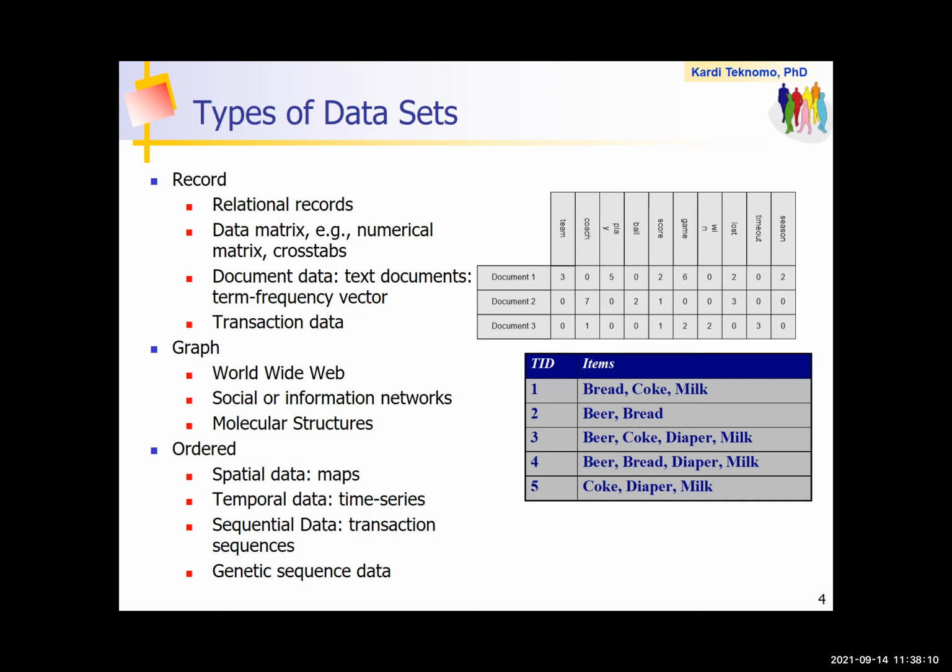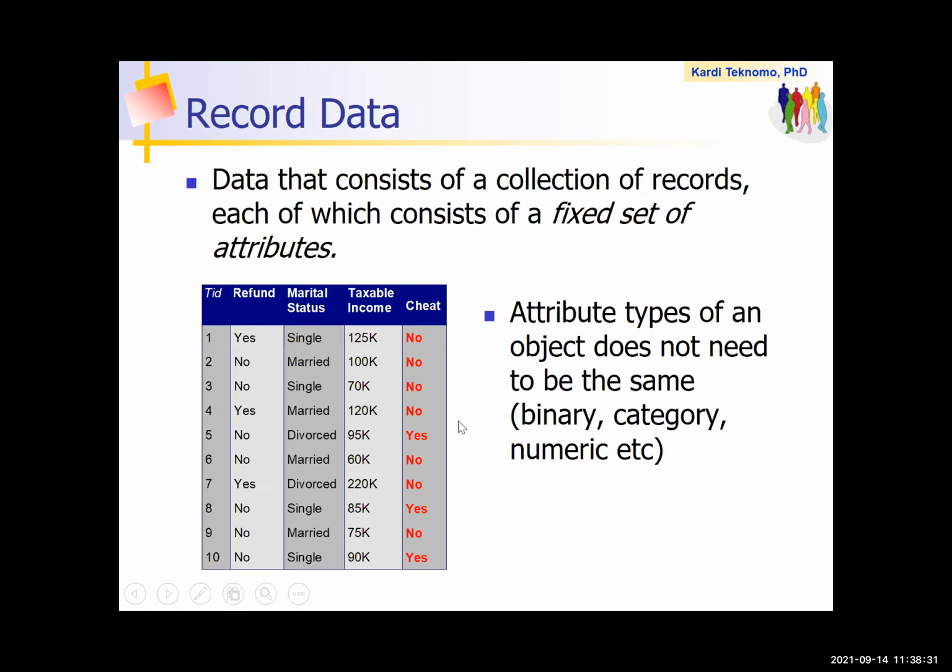We also have graph data, such as social network data, web data, molecular structure data. They are mostly graph data. We also have ordered data: spatial data, temporal data, sequential data, genetic sequence, for example. They are ordered data. Here are some examples.